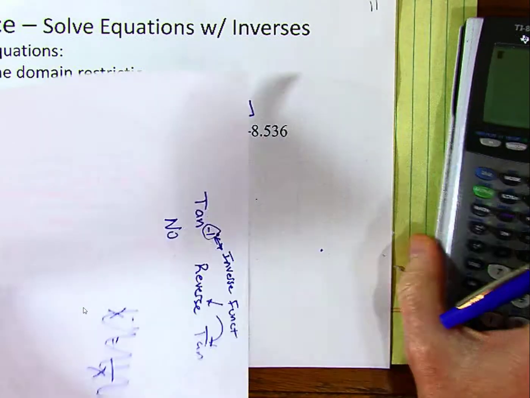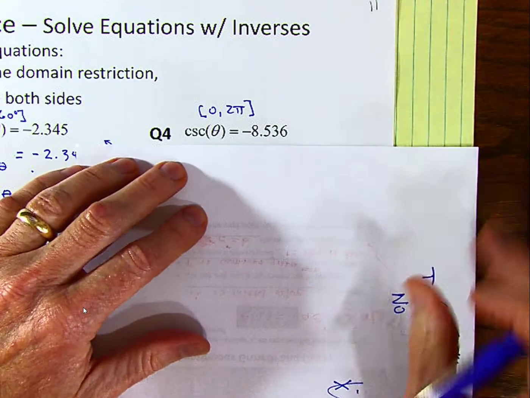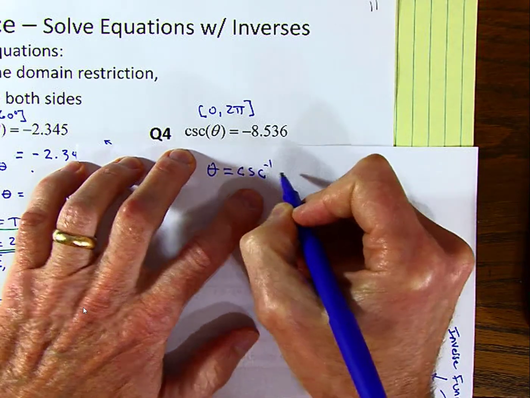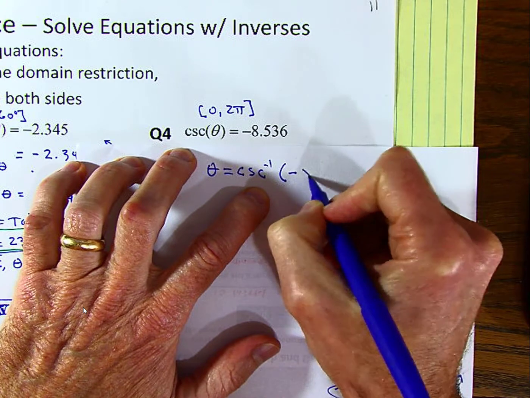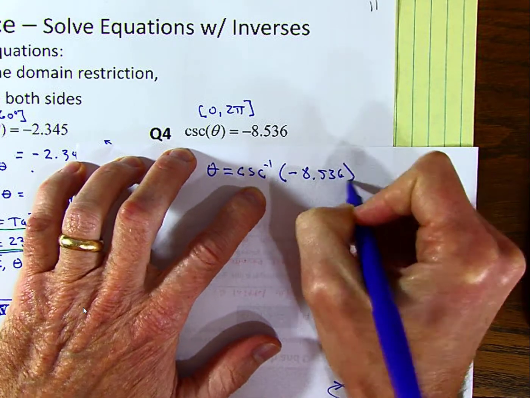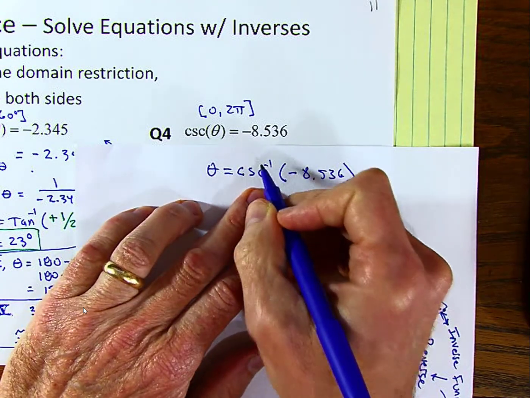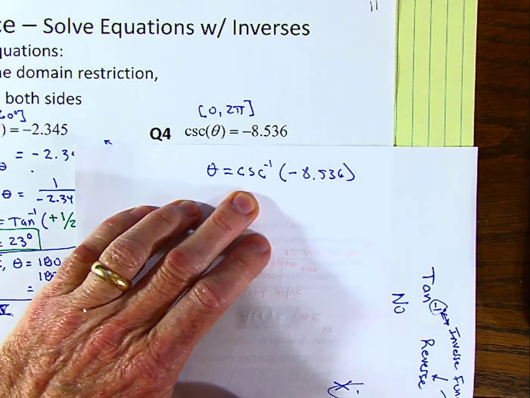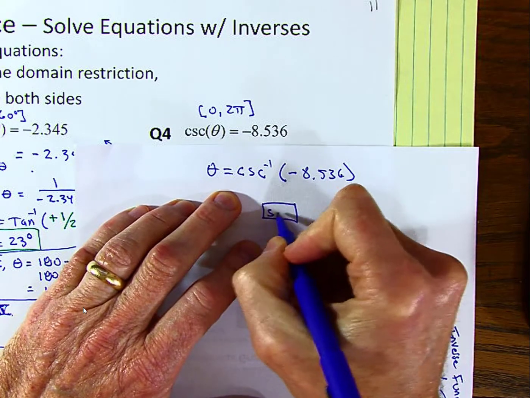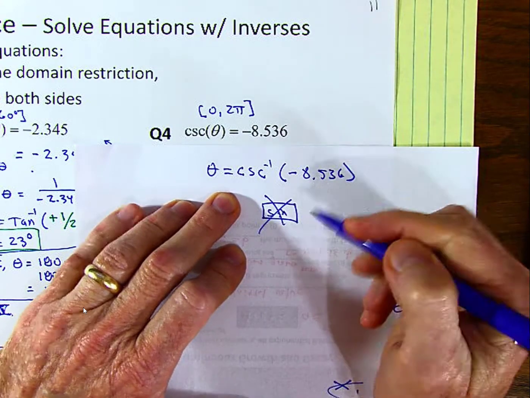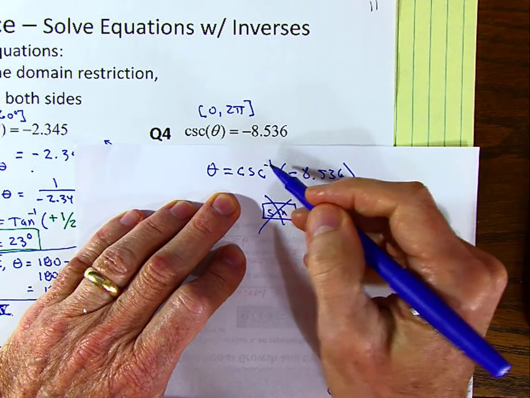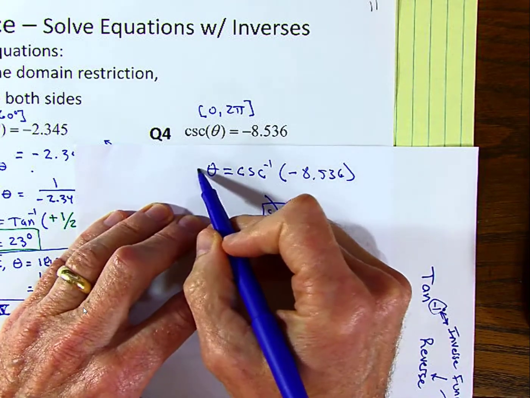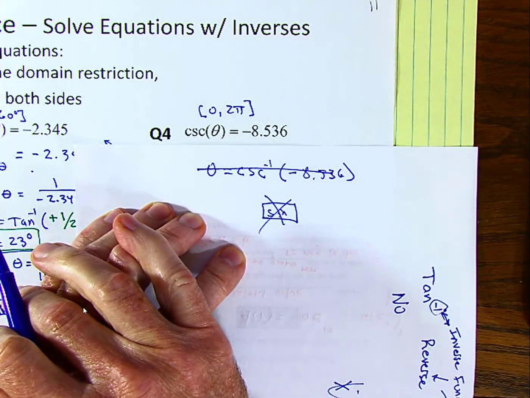The only thing that would solve this theoretically for theta is the cosecant inverse of negative 8.536. And again, this inverse is not a reciprocal. It doesn't connect me to the sine button. Cannot use the sine button because cosecant, that's not a reciprocal, that's an inverse function. And we don't have this button. We can't really do this in our calculator.